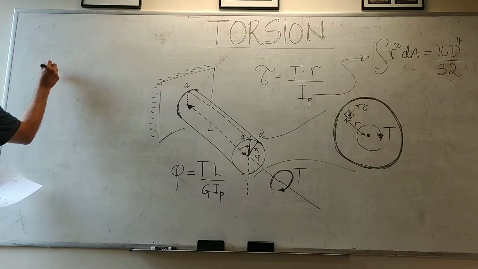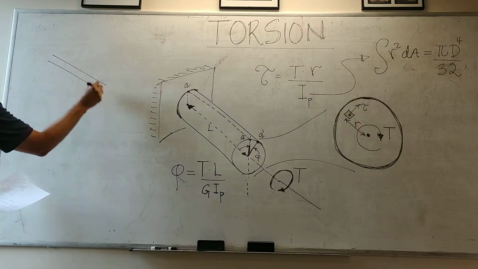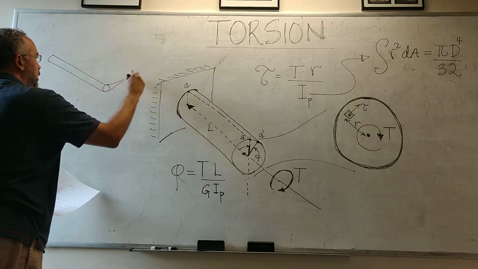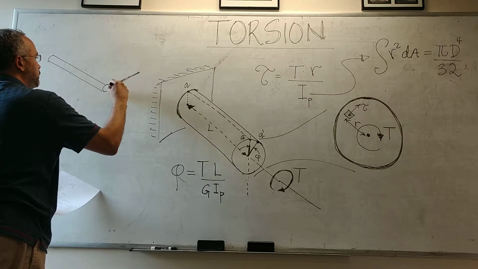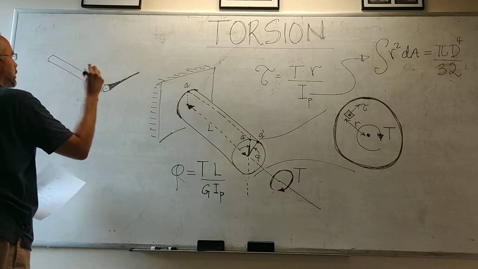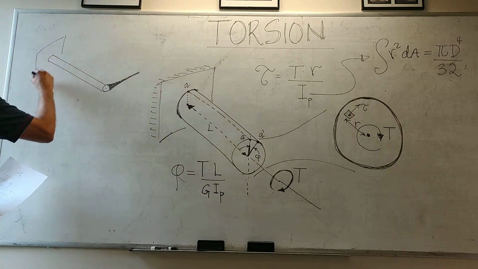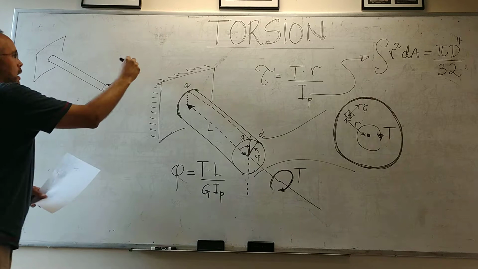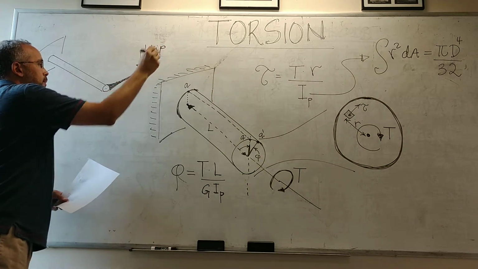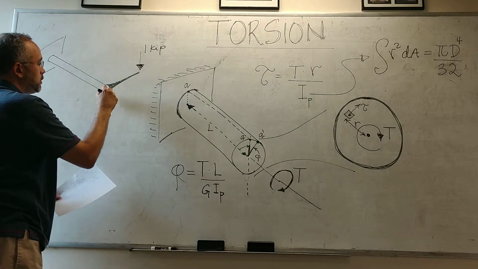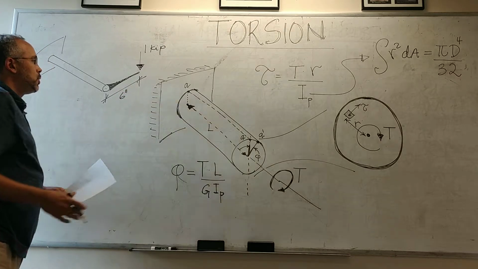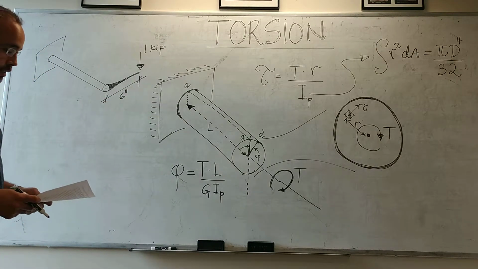Say we have a shaft here of circular cross-section, and it has a rigid arm that sticks out this way like that. This is fixed at one end, and we have a load applied to it, 1 kip, and the eccentricity of that load, the distance from the line of action of the force to the center of the shaft, is 6 inches.